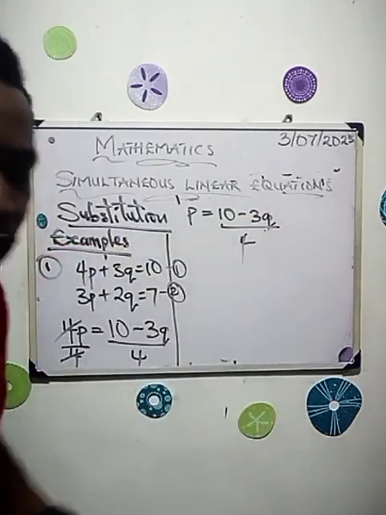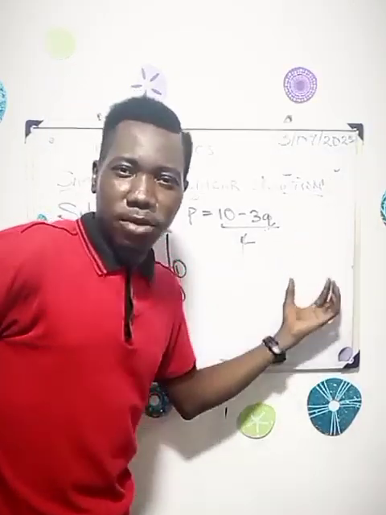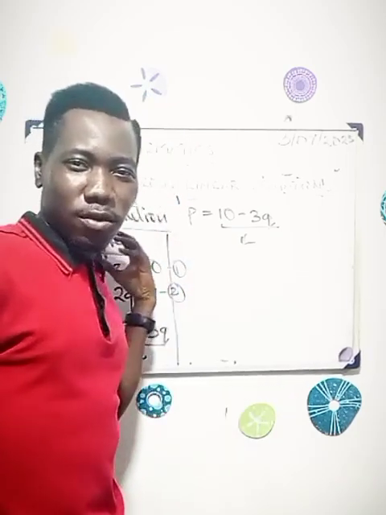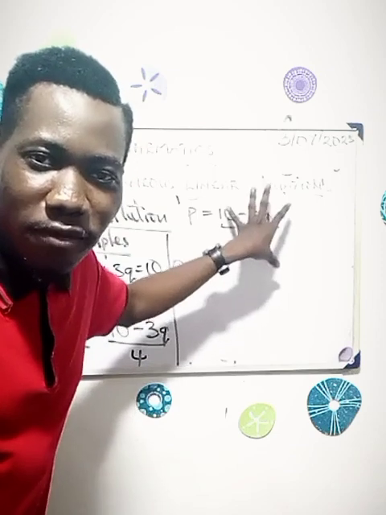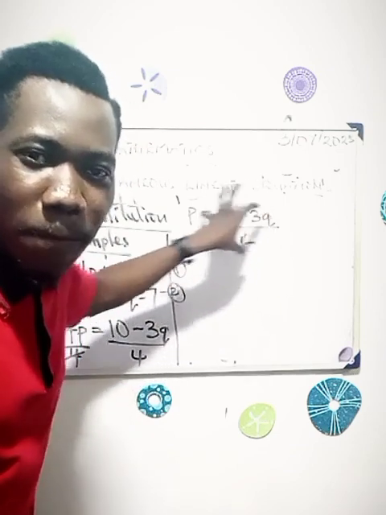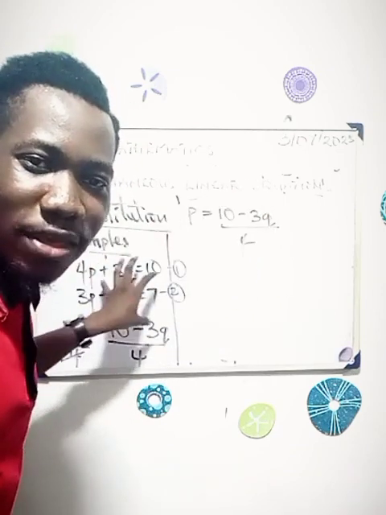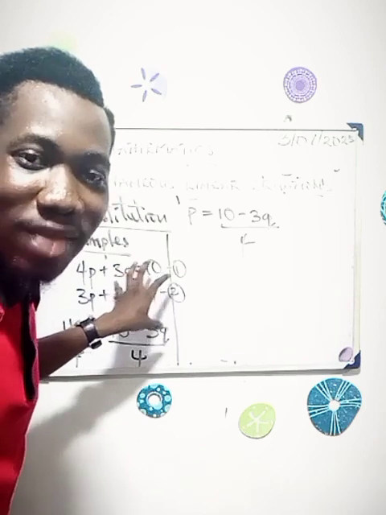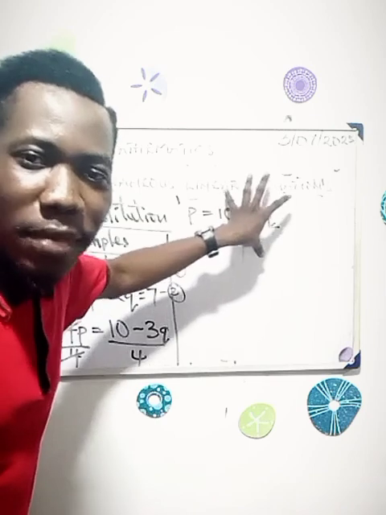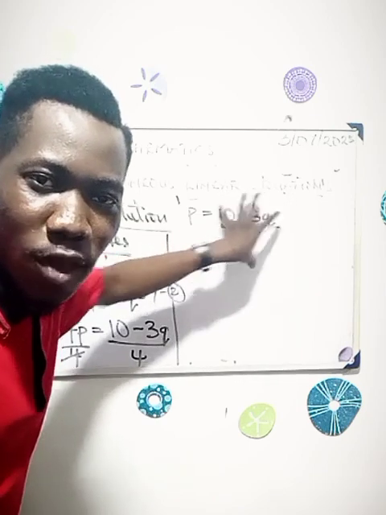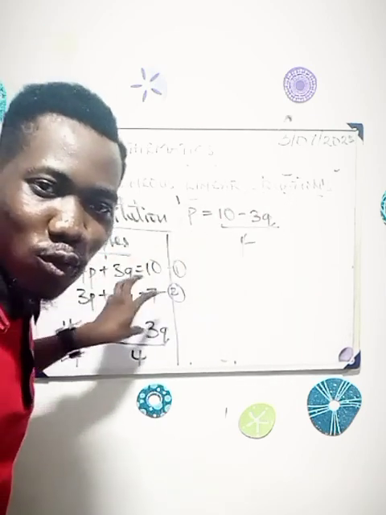It's just like when you're using the elimination method: when you get the value of p, you plug it into one of the equations and get the value of q. So this is like a temporal value of p. Now put it into equation 2, where you have p.